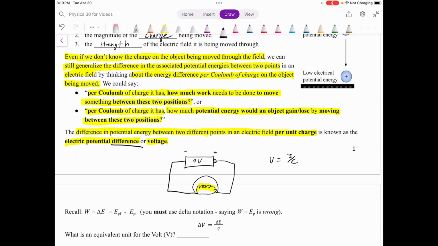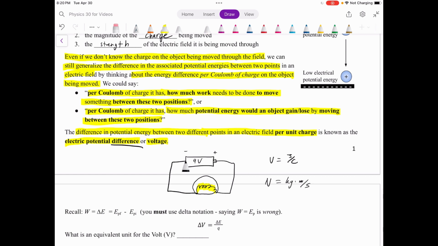A volt is another example of a derived unit, just like the Newton was really a kilogram meter per second squared, a joule per coulomb is a volt. Now, I much prefer the unit joules per coulomb. Doesn't that tell you so much more about what it actually means than a volt? This is another case of we wanted to name something after the scientist Volta, so we gave him voltage. But really, a joule per coulomb is such a better way to think about it. For every coulomb of charge, it will change its potential energy, if allowed to go from here to here, by 9 joules.